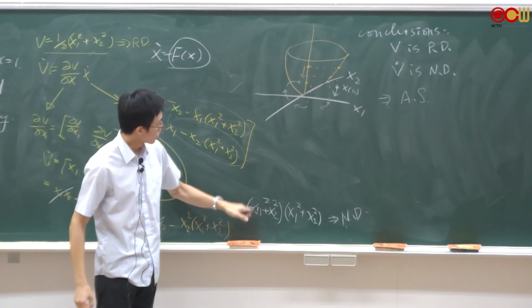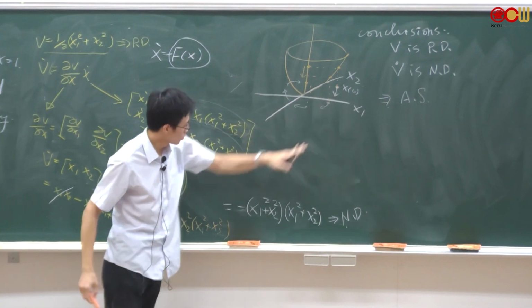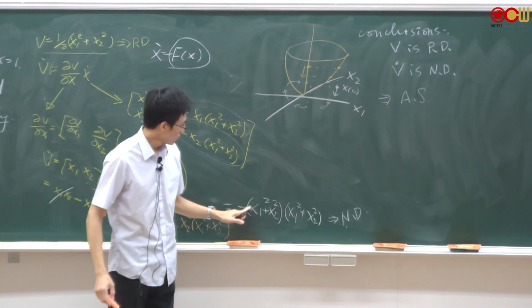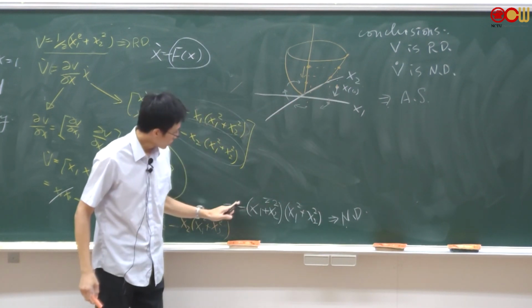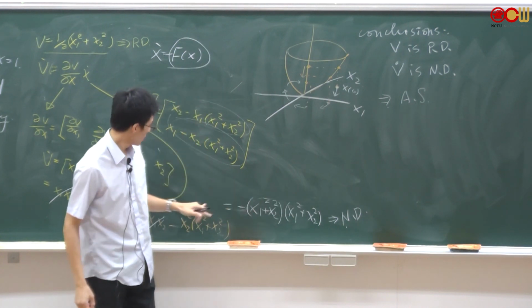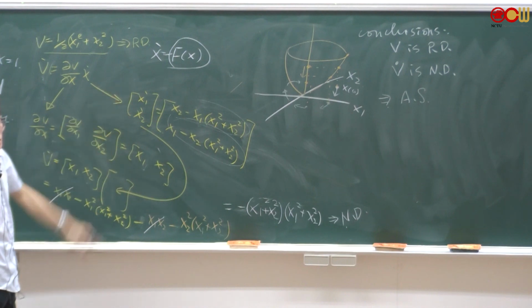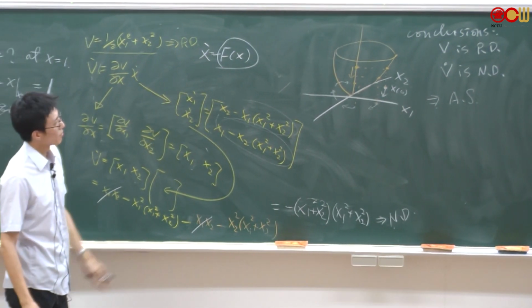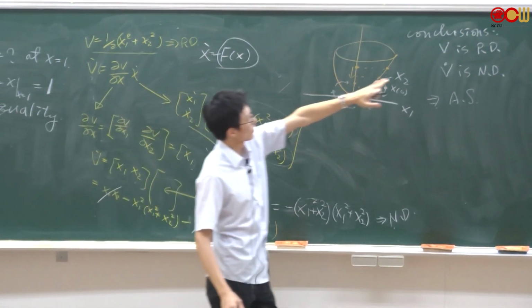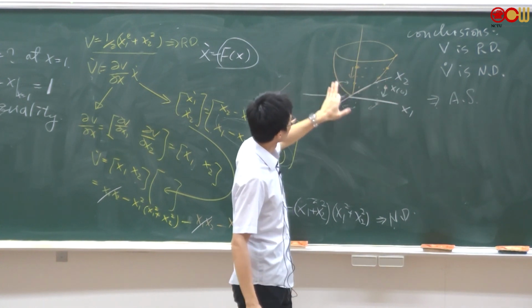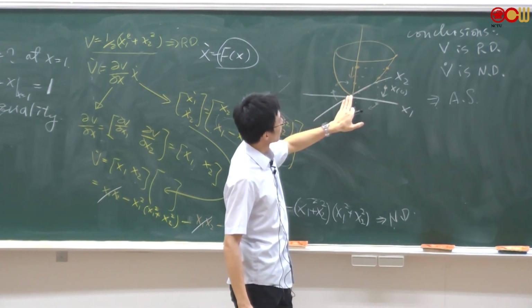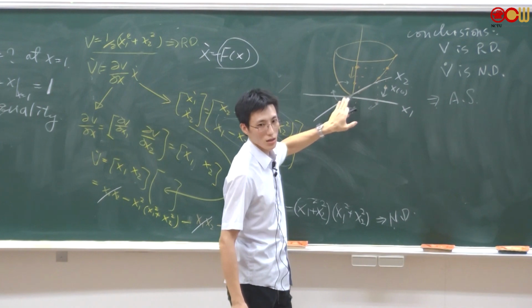You substitute at this location and this location, and it's always positive and always negative. So v dot is always decreasing, and v is positive definitely. The only chance for the Lyapunov function to be zero is at the origin.